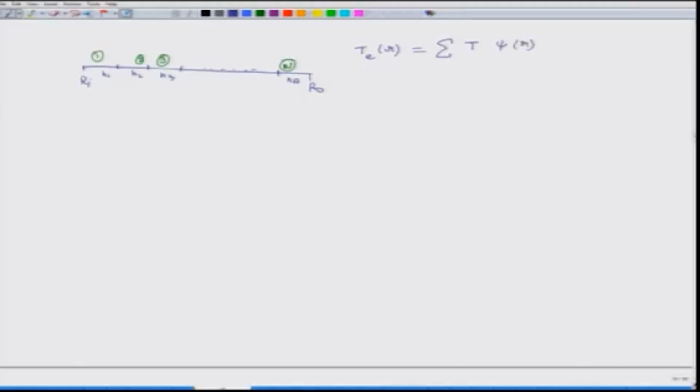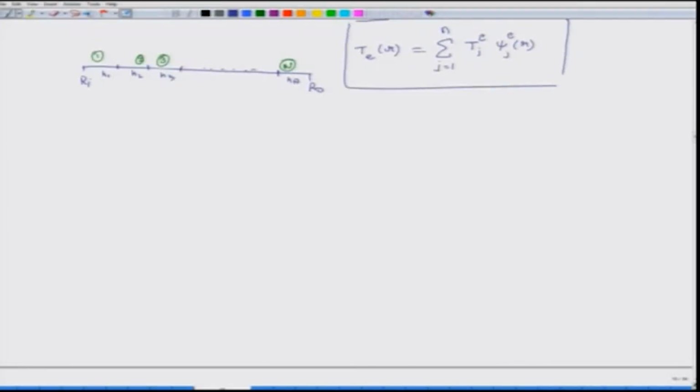Each of these interpolation functions is a function of r, and because it is associated with the eth element, I have a superscript e, and these number of elements is from 1 to n, and the amplitude of each of these interpolation functions is ascribed by T's. So, this is Tj, and because again it is associated with the eth element, it is Tj with superscript e.